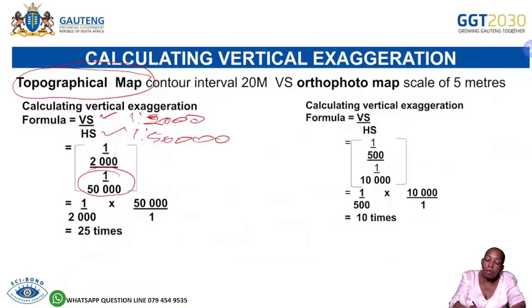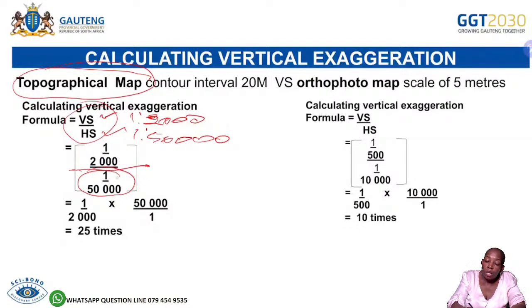So remember the other important thing when we calculate, you must do correct substitution. So when we correctly substitute this into a fraction, we're going to say 1/2000 divided by 1/50,000.